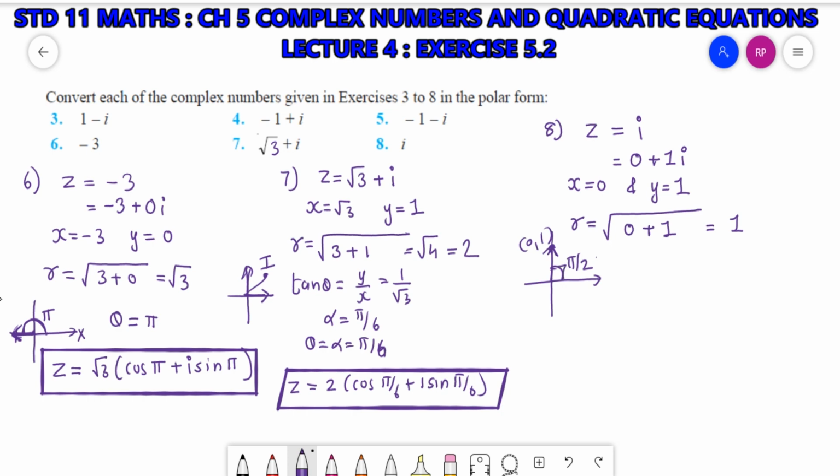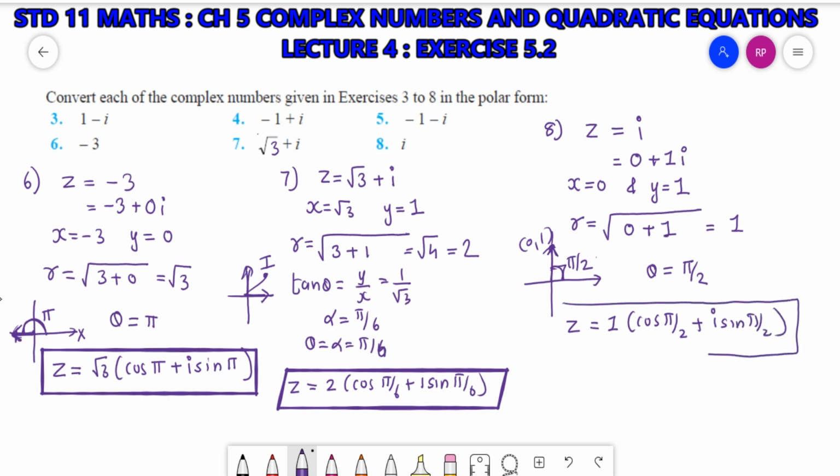So the angle is pi by 2. So here theta is equal to pi by 2. So its polar form will be z is equal to r, that is 1, cos pi by 2 plus i sin pi by 2. This is the polar form of question number 8.